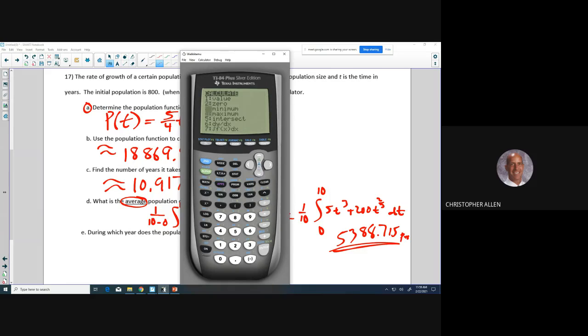Intersect, left, right. 6.321. Okay, good, I got the same answer.